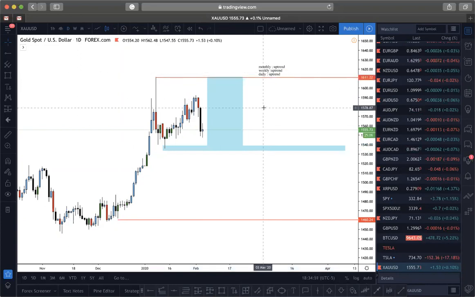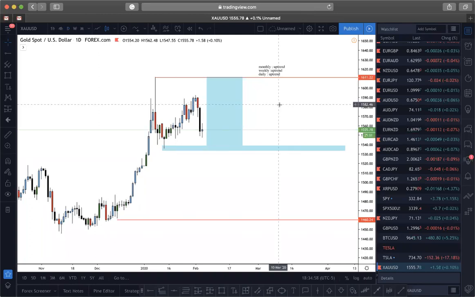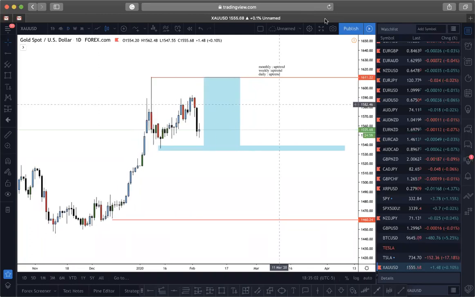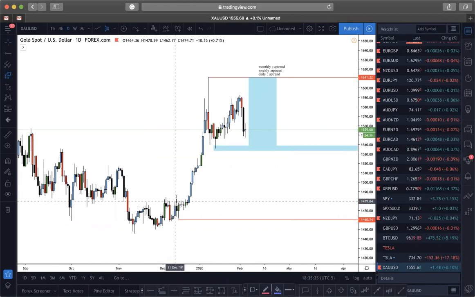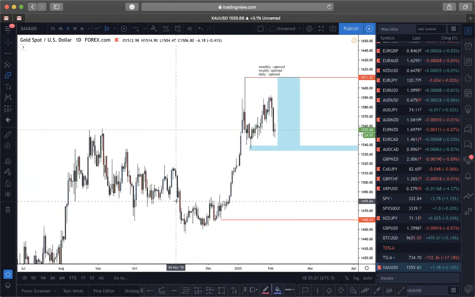Let me explain the trend reversal, right? So how do you know when the trend is going to change? And how do you take advantage of that, right? Because you have to be able to know when the trend is changing in order to be on the right side of the market or to enter a trade, right?